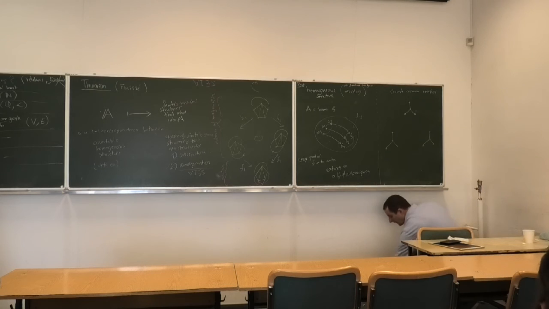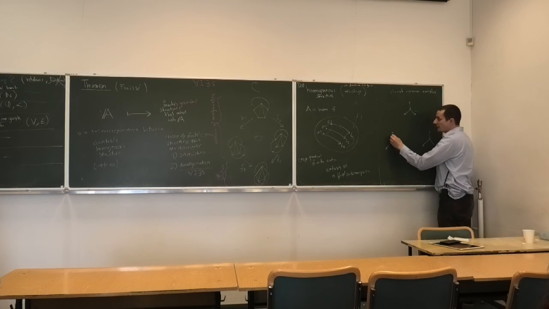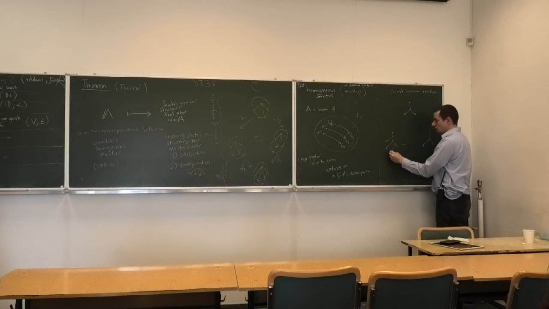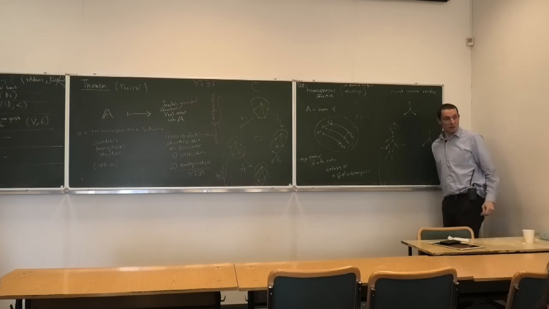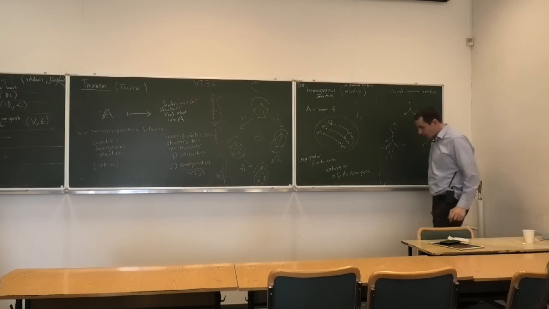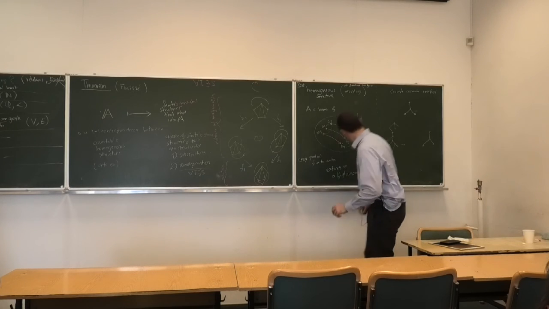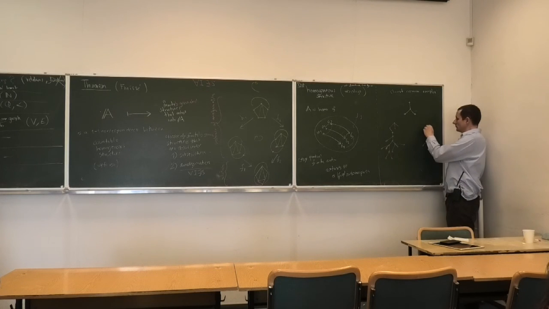One might have some nodes like this, and the other will have some other things, with a different shape.